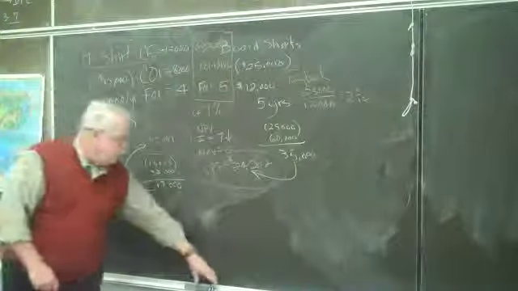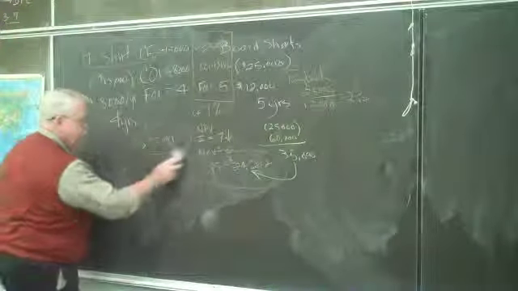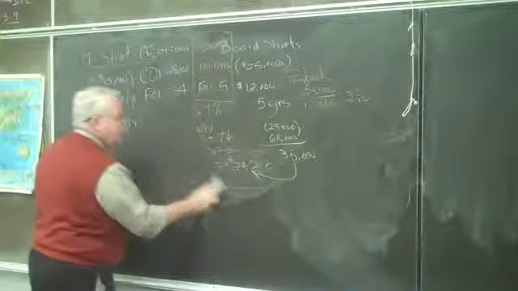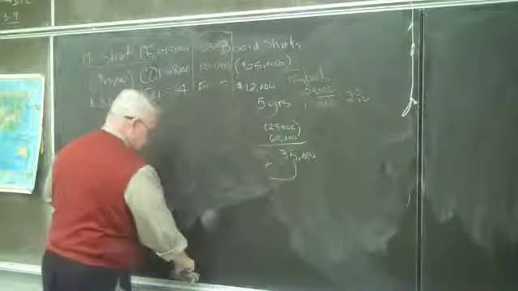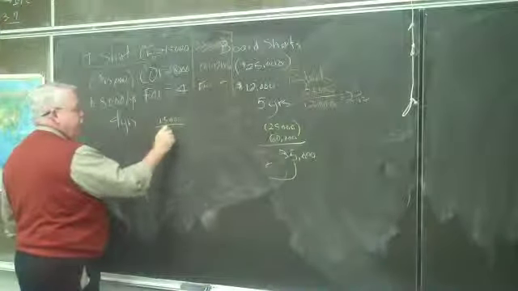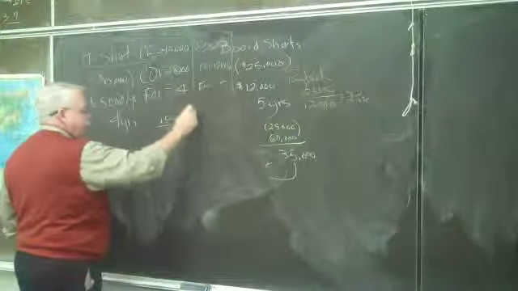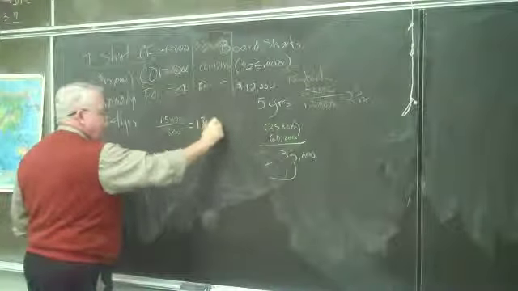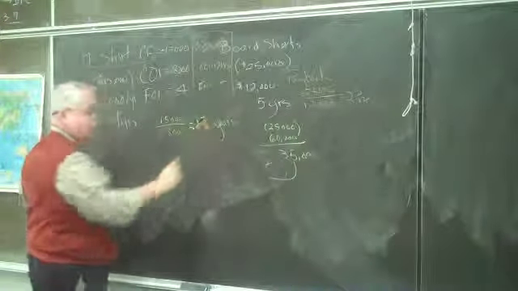This is getting a little messy, so we'll take some numbers off the board. Well, I'm going to invest 15. I'm going to make 8. So that's 1 7/8 years, right?